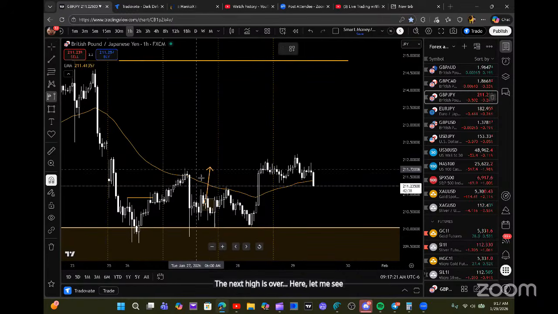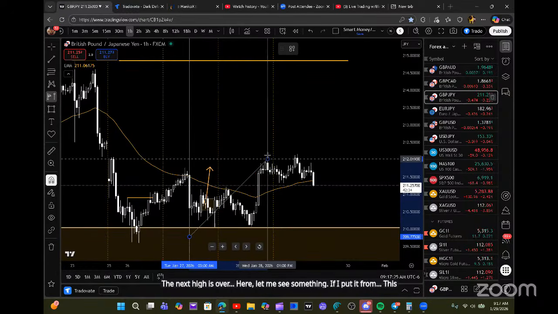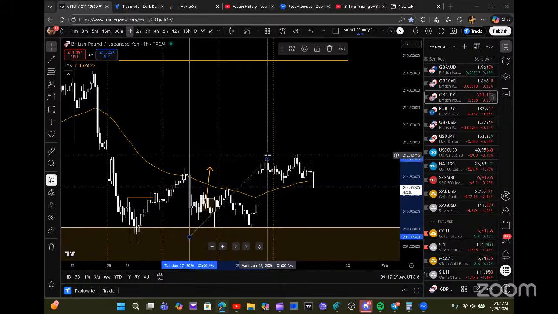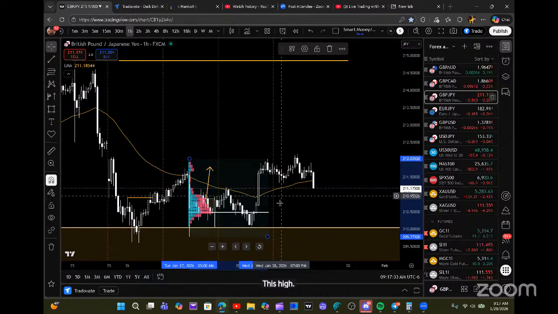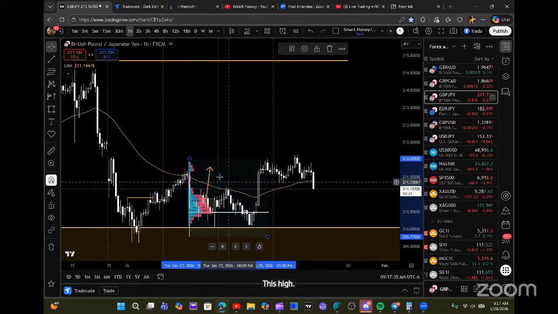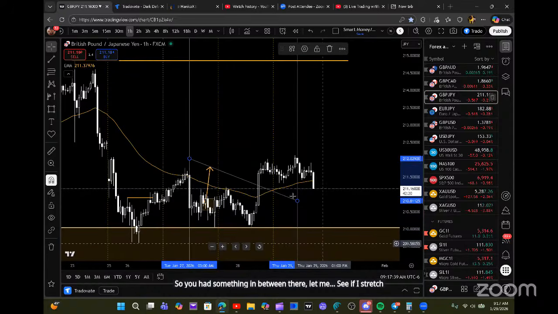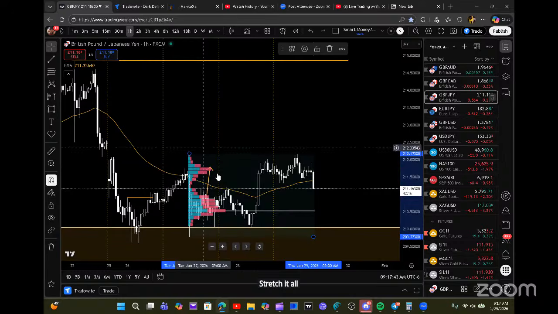If I put it from this low to this high, you had something in between there. Let me see if I stretch it all the way over.